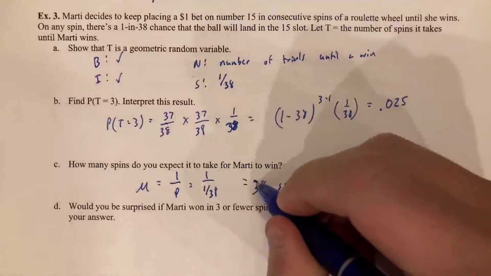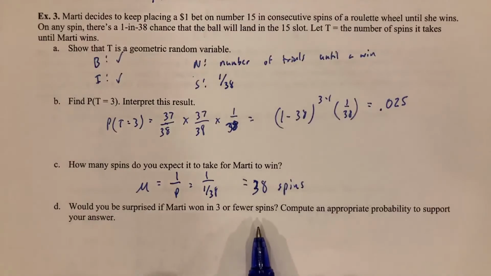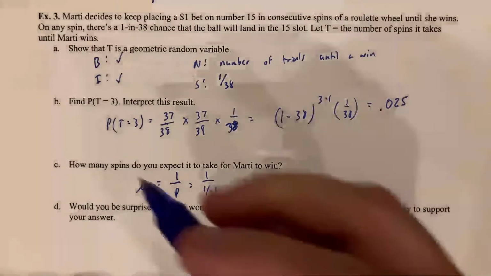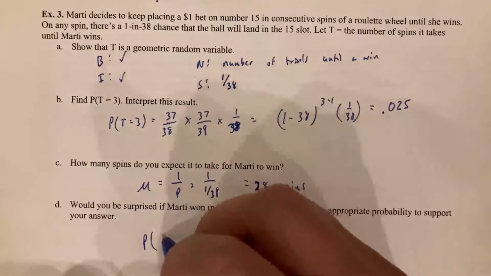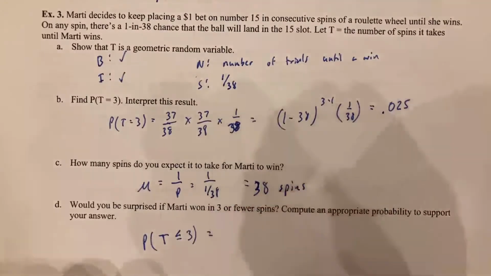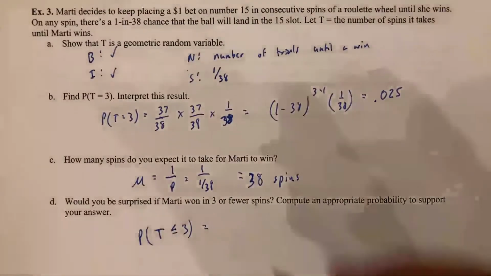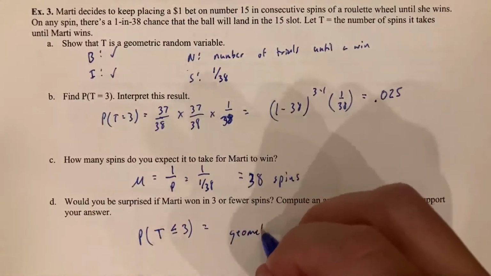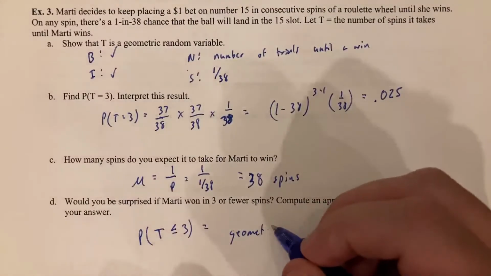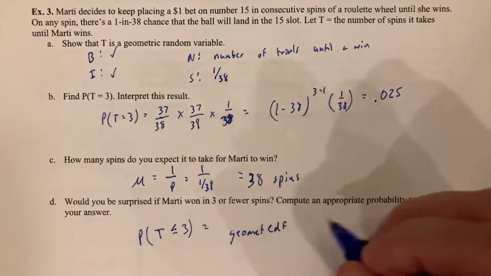All right. Would you be surprised if Marty won in 3 or fewer spins? Compute an appropriate probability. That means the probability that the number of spins is less than or equal to 3. Now I'm going to get out the old calculator and plug that into geometric CDF, because we're accumulating.